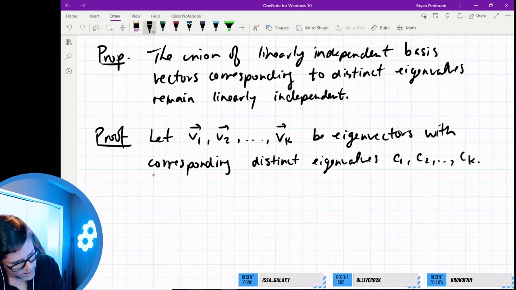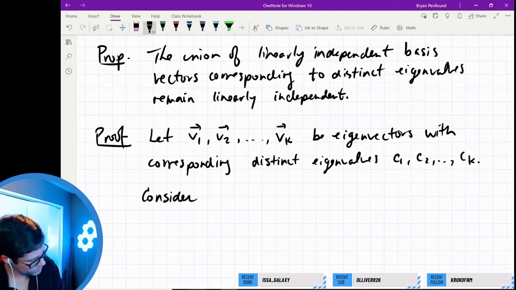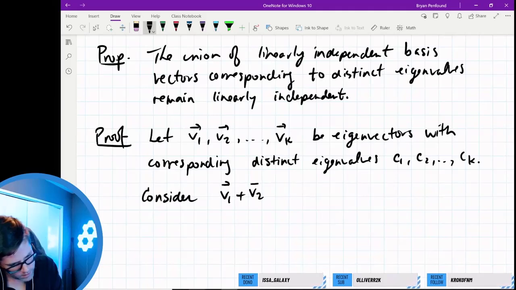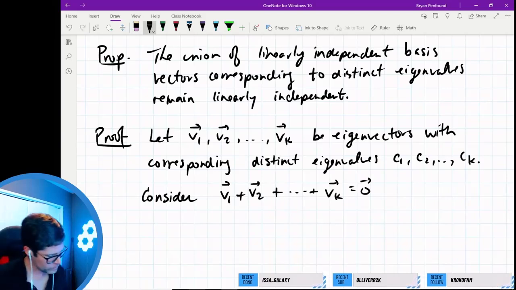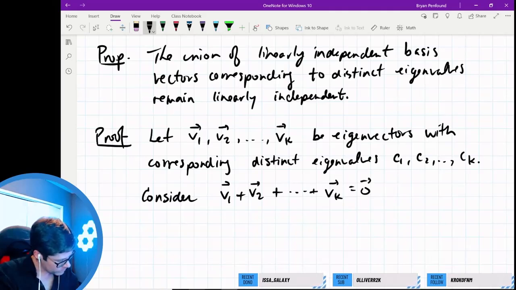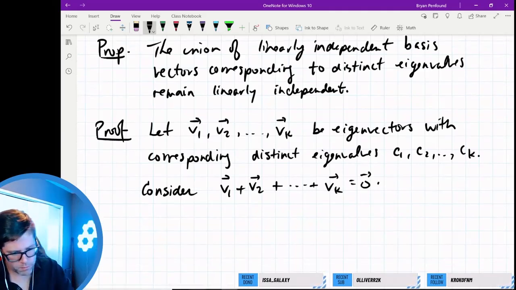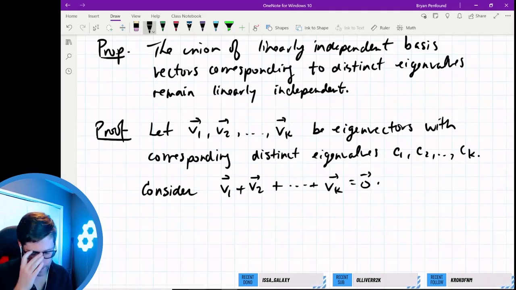So let's consider v1 plus v2 all the way up to vk is equal to the 0 vector. And we're going to proceed by induction on k.